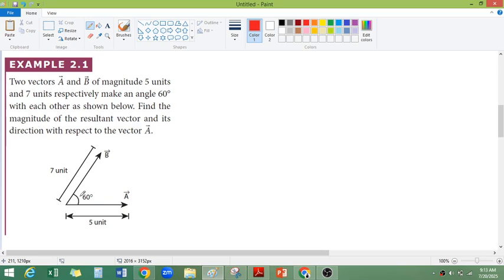Find the magnitude of the resultant vector and its direction with respect to the vector A. So A vector is like this. You can put the B vector here or you can put it up over here. Like what we did in the previous thing, both the ways you will get the same answer. Suppose if I put B here, the resultant is this way.